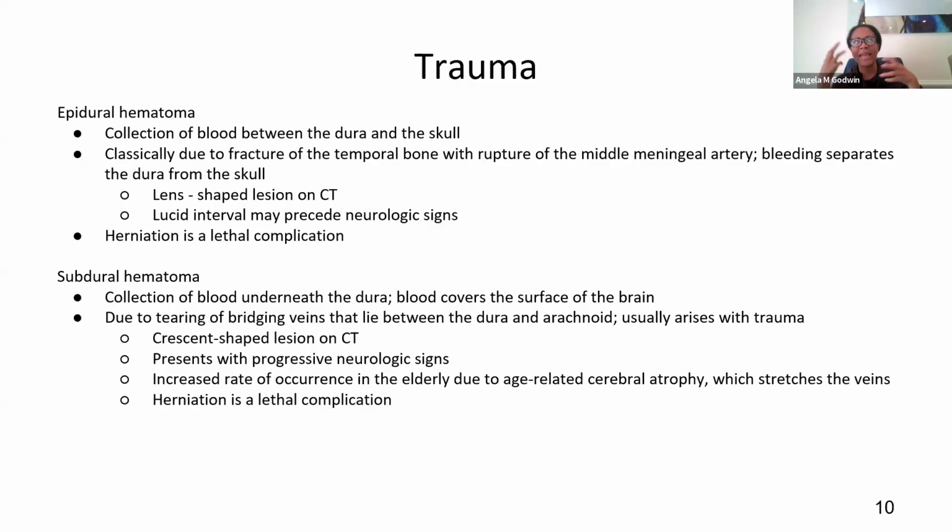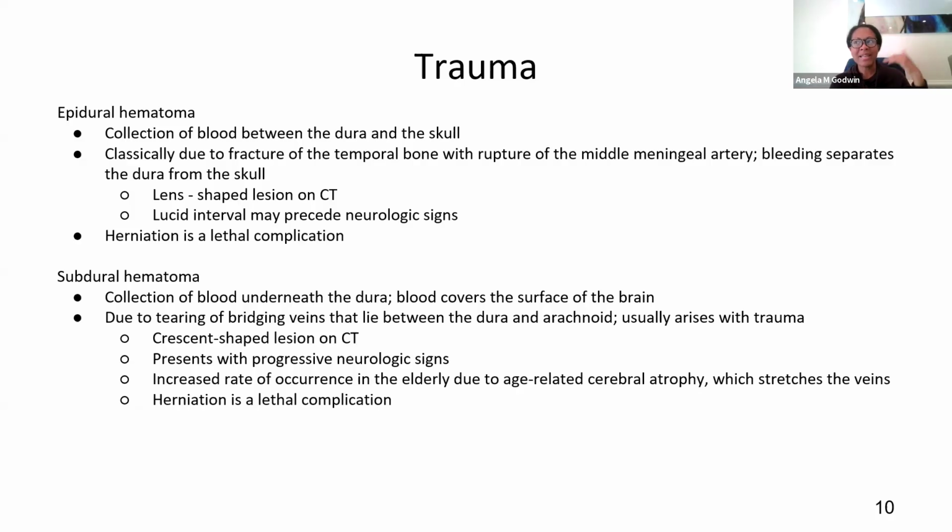I want you to think about that anatomically: people that come in with epidural hematomas, there had to be some sort of fracture or trauma, usually to the temporal bone. That fracture causes a rupture of the middle meningeal artery, which then allows for that slow separation of the dura from the skull itself. You can see it on a CT scan looking almost like a lens, which I'm going to show you a picture of.